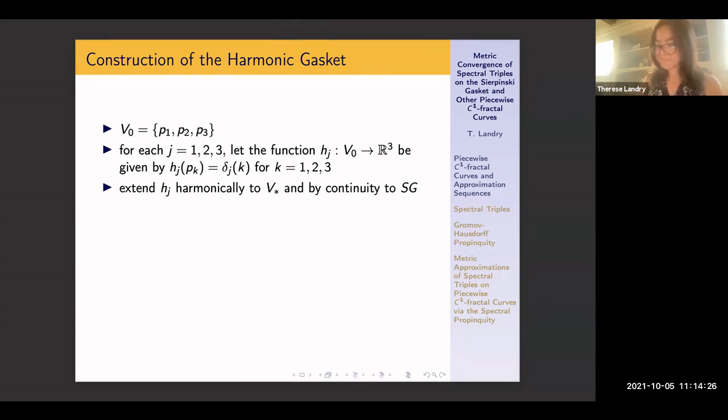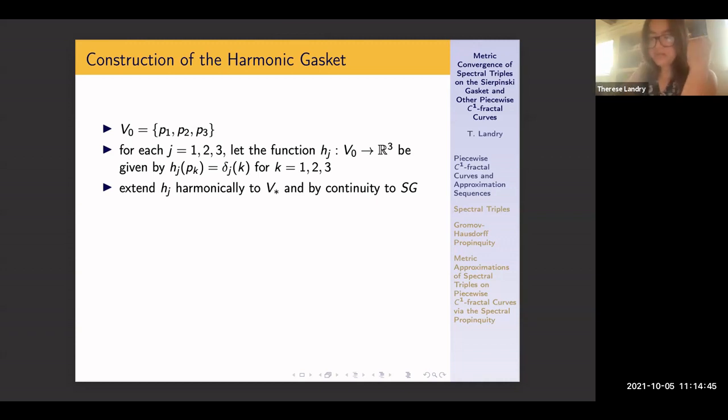So how does one construct the harmonic gasket? First you start with the 3 Dirac delta functions for each of the boundary points of the Sierpinski gasket. And remember that anything defined on the boundary has a unique extension to the entire fractal. So you take those unique harmonic extensions.